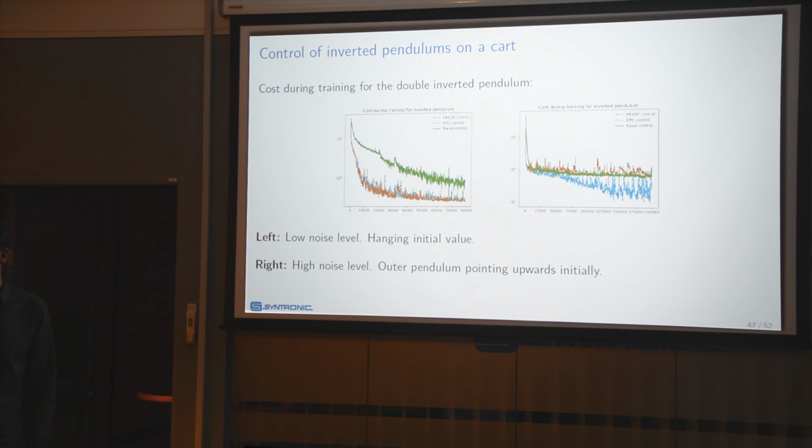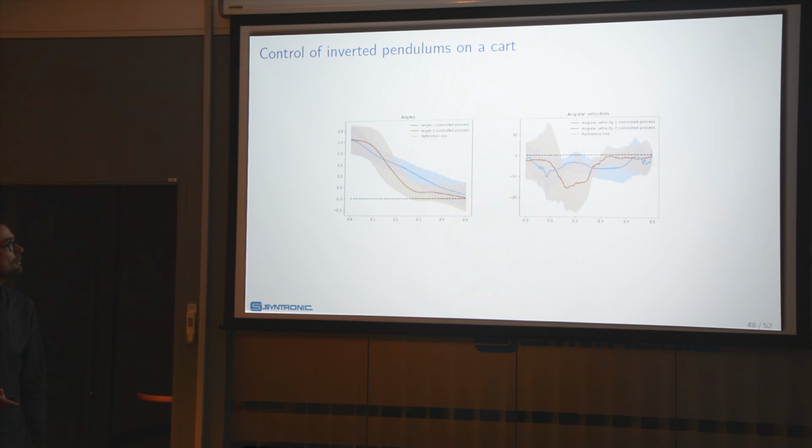So it depends on the problem which one to choose, I guess. And the angles seem to do what they should, and the angular velocities also, and they are quite fat, so I guess they correspond to the high noise dynamics.